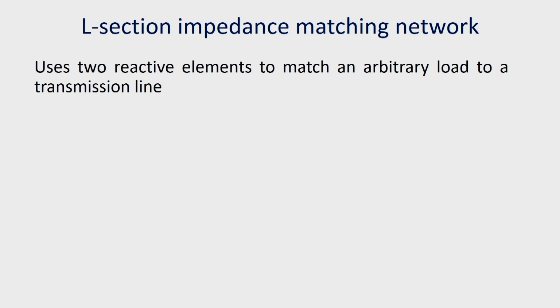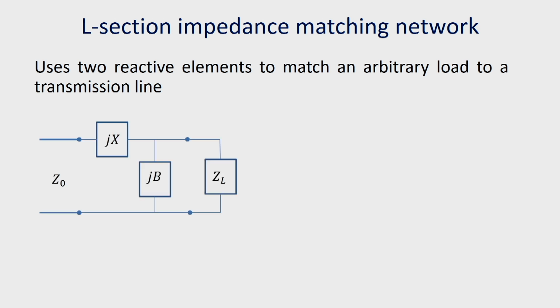So, these are broadly the factors which are taken into consideration when we go for the design of the matching network. Now, let us come to the L section impedance matching network. It essentially uses two reactive elements to match an arbitrary load to a transmission line. So, the first matching network using an L section, we are showing it.